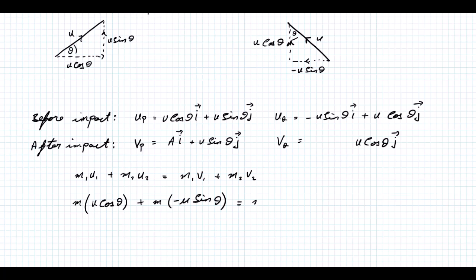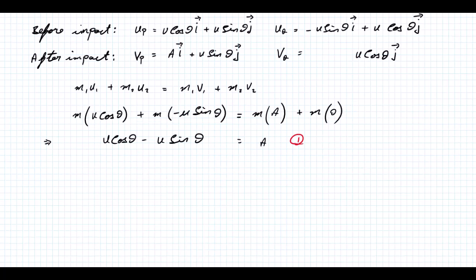That's going to be equal to m times the velocity afterwards, so again it's going to be a here, plus m times 0 here. Okay, so we're going to cancel all the m's. The masses of both spheres are the same. So we end up with a equal to u cosine theta minus u sine theta. This is our first equation that we're going to use.